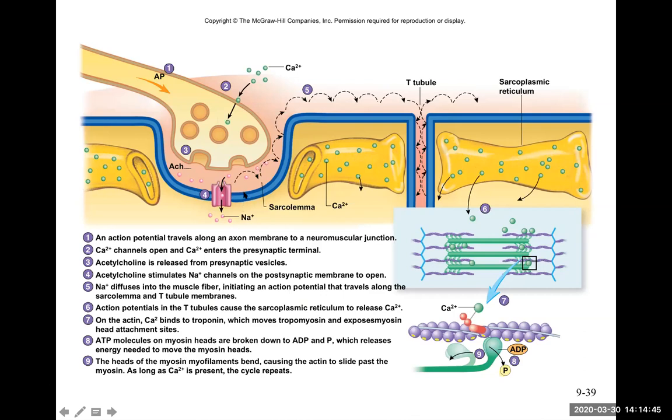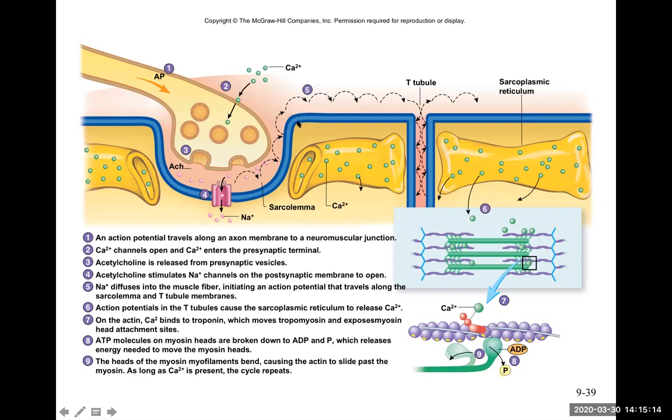Now, again, they got lazy here and don't show voltage-gated sodium channels. Keep in mind, voltage-gated sodium channels are the ones that cause action potentials, not the acetylcholine receptors. Acetylcholine receptors allow us to hit threshold. But once we hit threshold, it's the voltage-gated sodium channels that allow us to have this action potential that moves from segment to segment.